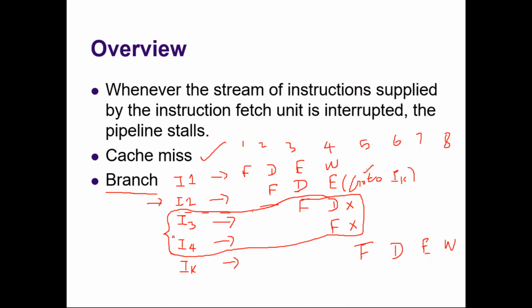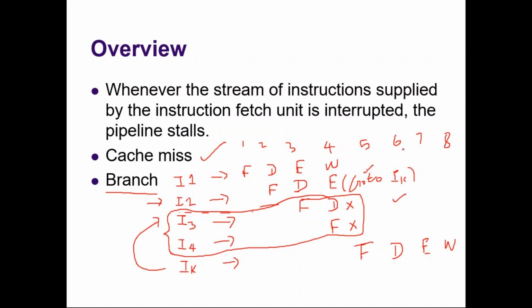If these 3 were not wrongly fetched and instruction K is correctly fetched at the right time, how it is possible, let us not go into the detail. I am trying to explain how many clock cycles the hazard caused. Instruction K would have been fetched at clock cycle 3, executed and written at clock cycle 6.